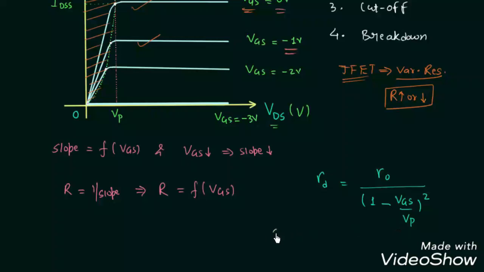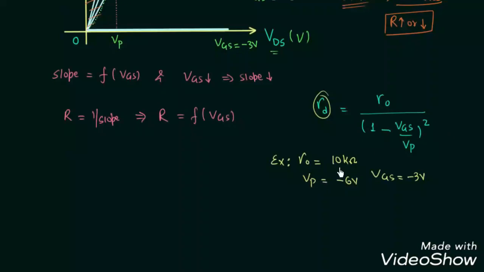Now we will solve one example using this formula. In this example, RO is equal to 10 kilo ohms. VP, the pinch off voltage, is equal to -6 volt. VGS is equal to -3 volt, and we have to calculate RD. So the problem is very easy. RO is given, VP is given, and we have to find out resistance when VGS is equal to -3 volt.